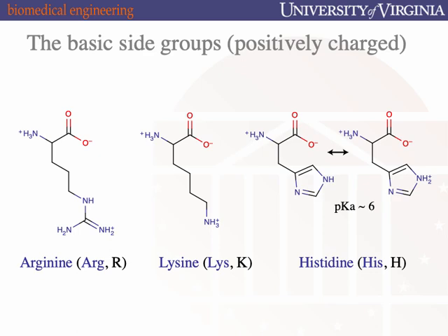It's here where those charged amino acids come into play. To remind, we have basic side groups or basic side chains, arginine, lysine, and sometimes histidine, depending upon the pH. And this relates to their pKa's, which I talked about in the pre-lecture.